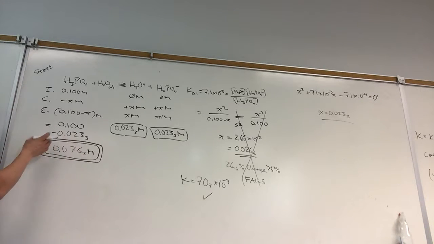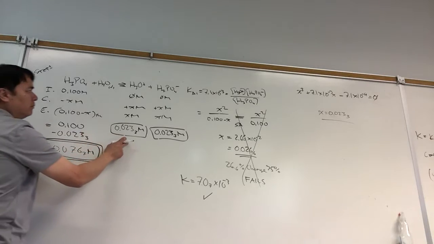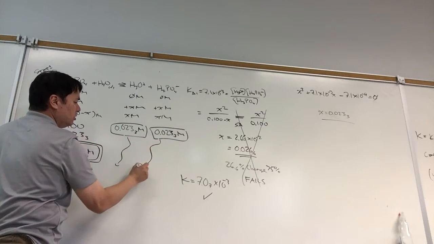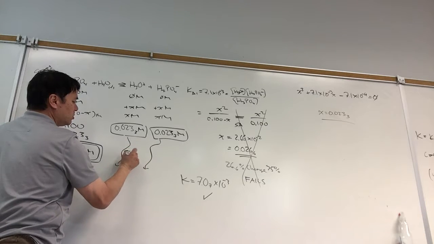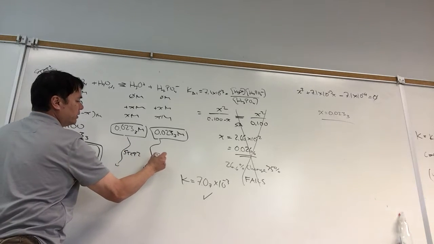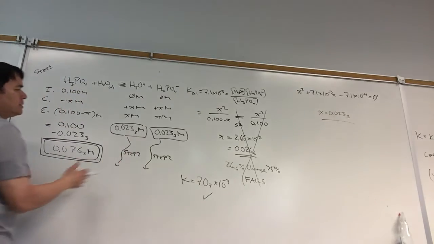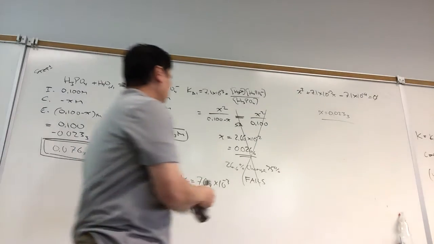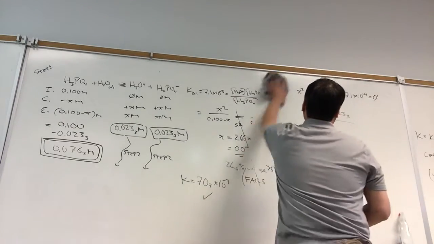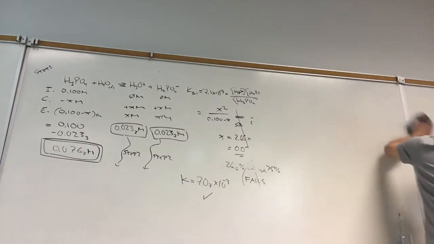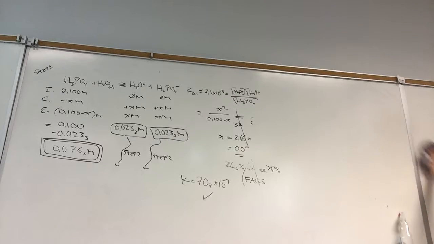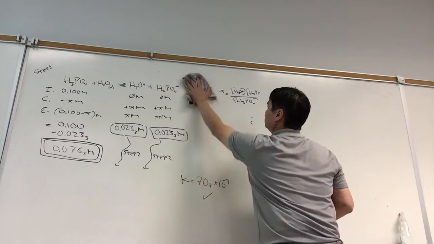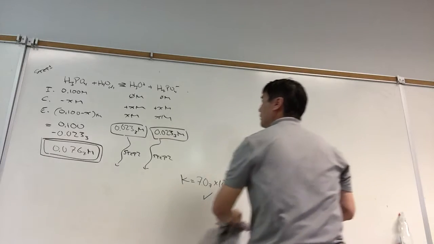Just 23.3% of them ionize to form hydronium and dihydrogen phosphate, but hydronium and dihydrogen phosphate continue on in step 2. So we're going to bring these down to the next step. What is the next step?